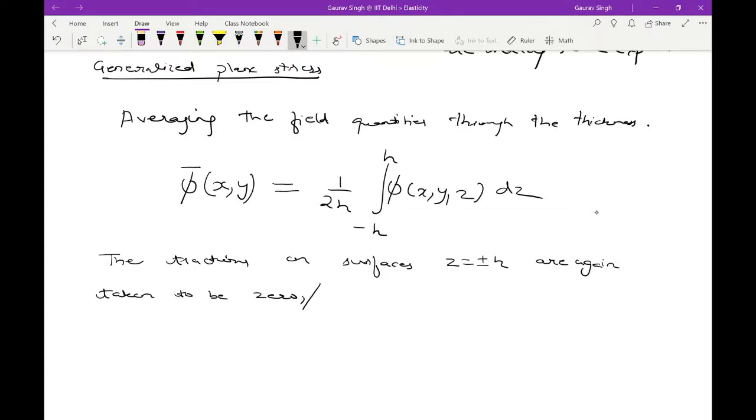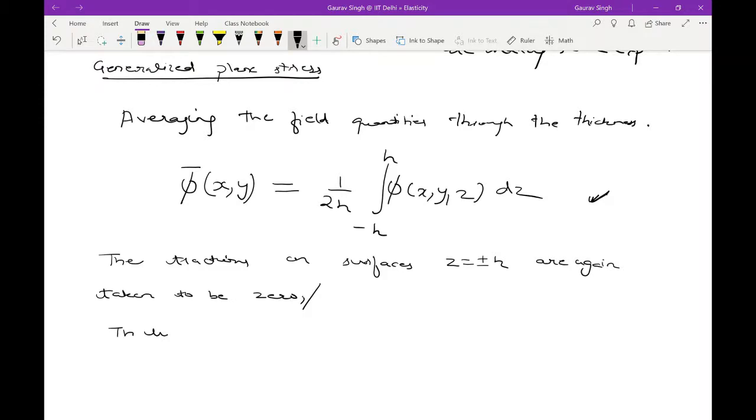The concept is there is no z occurring anywhere in the boundary condition. So doing this, you are able to ensure that z is not occurring in the internal part of the displacement, strain, stresses and everywhere. But for the boundary, you want the same to be happening at the boundary as well. No z dependence at all. So first thing, the tractions on the surface z equal to plus minus h are again taken to be 0. Then how do you deal with the other things?